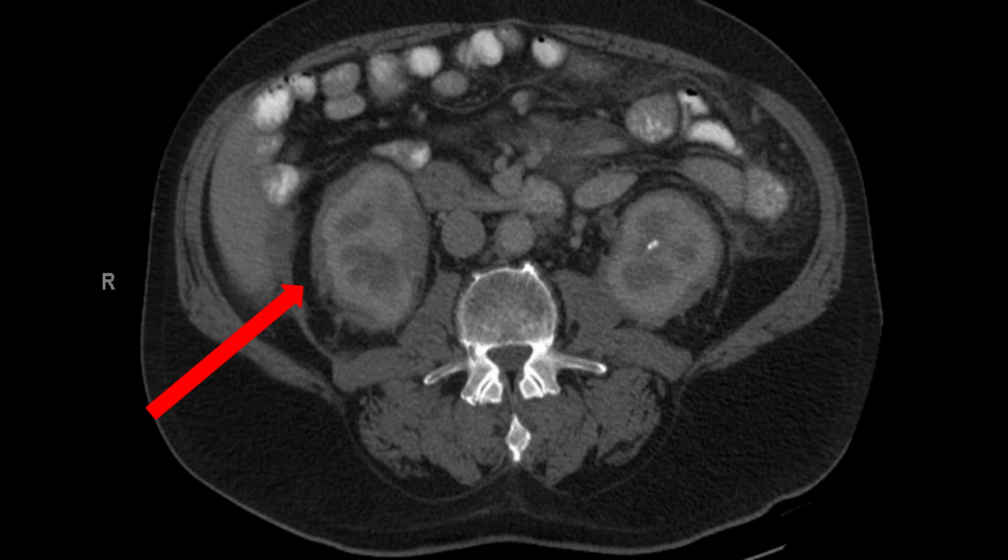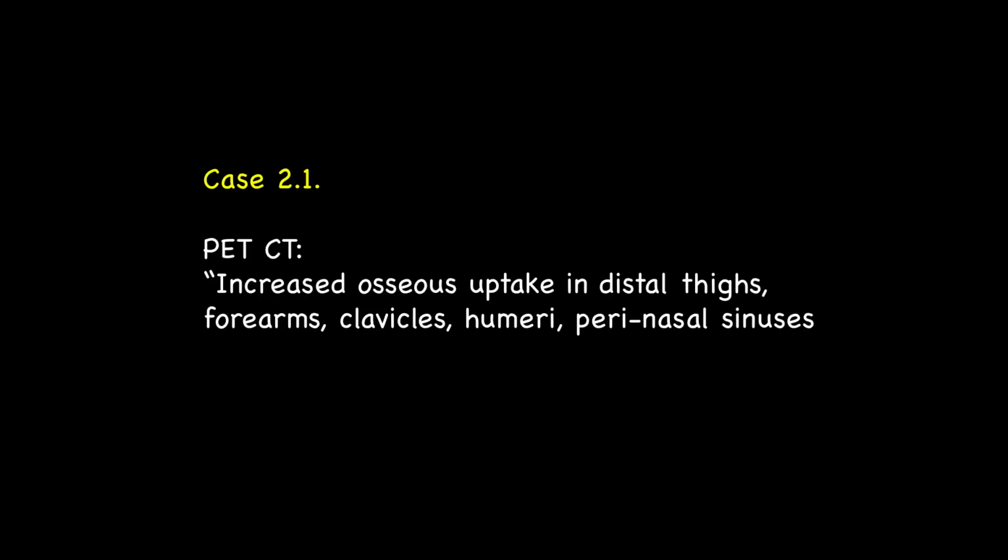And you can see that it's encasing his kidneys, okay? PET CT showed increased osseous uptake in the distal thighs, forearms, clavicles, humeri, and perinasal sinuses, and he got needled by a radiologist. Any idea what the diagnosis was?